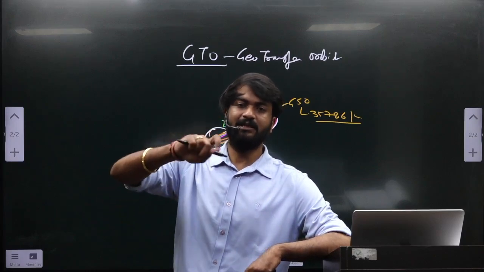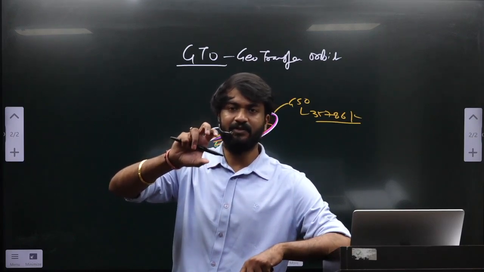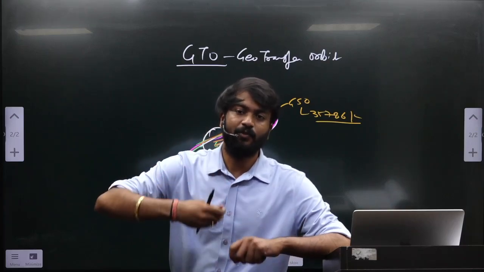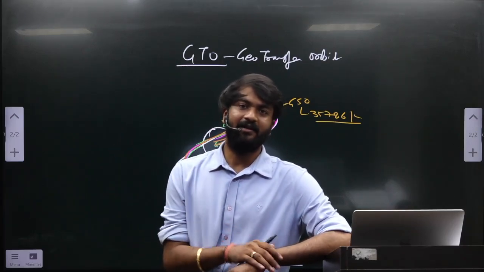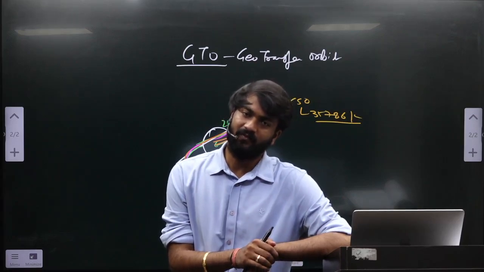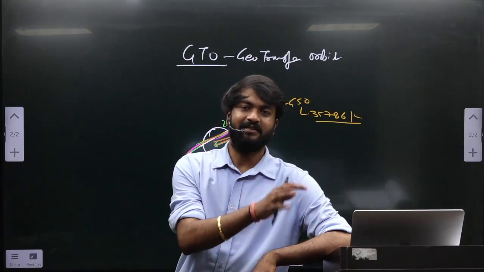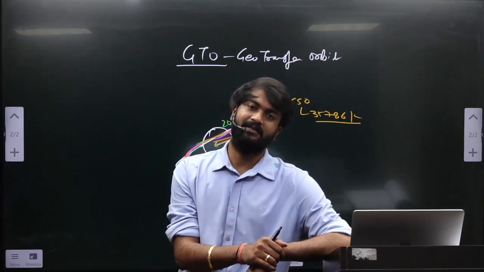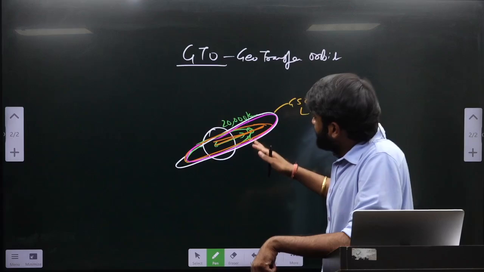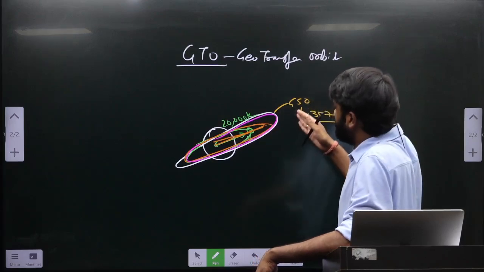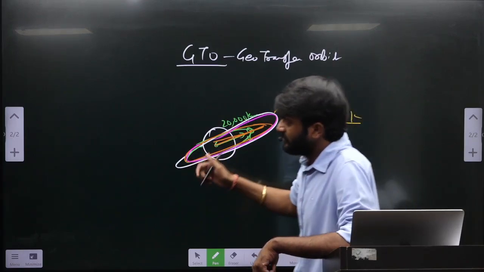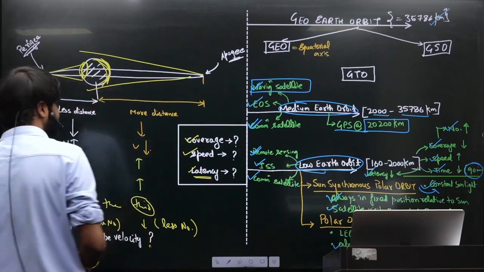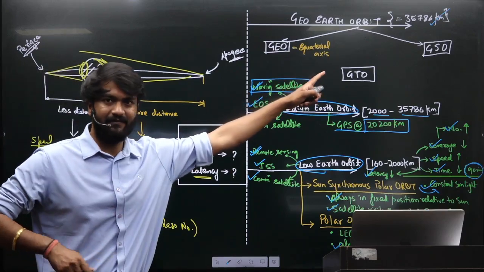Then we use the control system of the satellites to push the satellite into the further higher orbit. So we are placing the satellites in the transfer orbits, and then we are decreasing the speed slowly to push them into the geosynchronous orbits finally. So I hope I make myself clear.